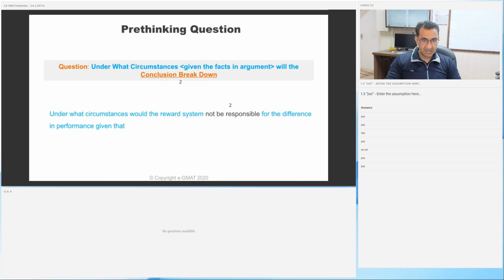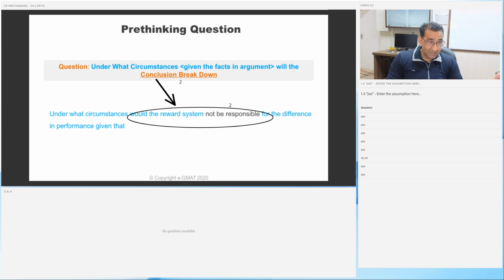Can you really see how this is the conclusion breakdown criteria? If the reward system is not responsible for the difference in performance, then my conclusion breaks down, right? Is that clear to everyone? If something else other than the reward system is responsible, then my conclusion breaks down. Remember, our goal is not to find out what's responsible. Our goal is to really prove or disprove whether the reward system is responsible.